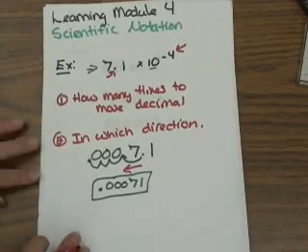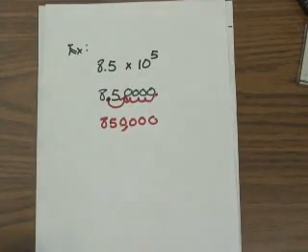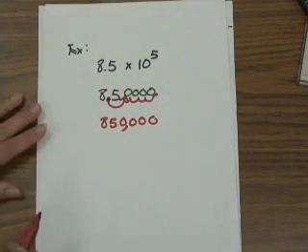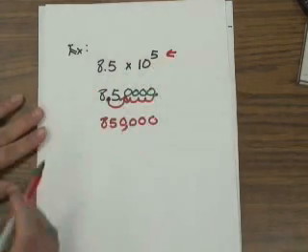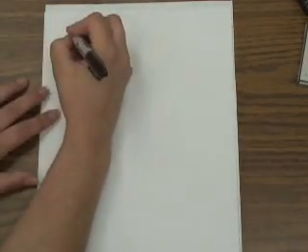Okay, so again, converting from scientific notation to standard form is pretty straightforward. The exponent tells you whether to move in the positive or the negative direction and how many places. Now, when we go from standard form to scientific notation, that's when it can be a little bit tricky. It's not as straightforward. It's actually the exact opposite of what we've been doing.